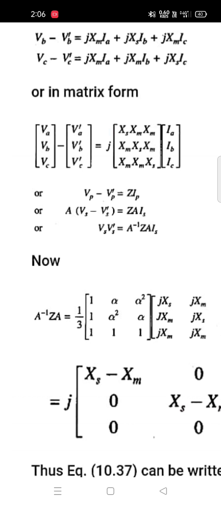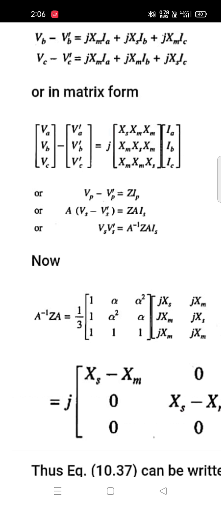As we already studied above, Vp is equal to A into Vs. So here we write A into Vs minus Vs dash, and Z into Ip, where Ip is equal to A into Is. So now Vs minus Vs dash will be equal to A inverse Z A Is.